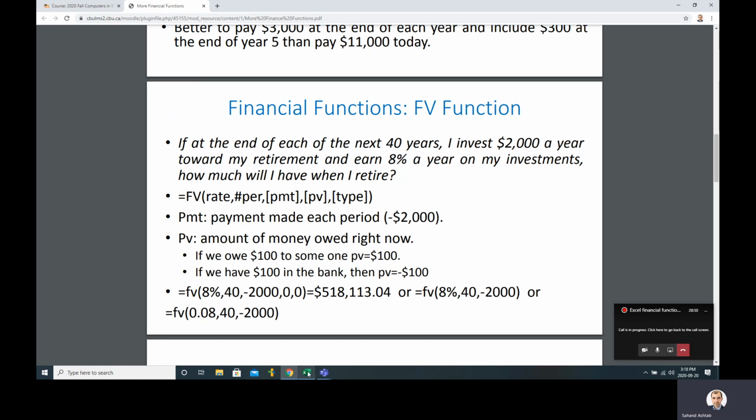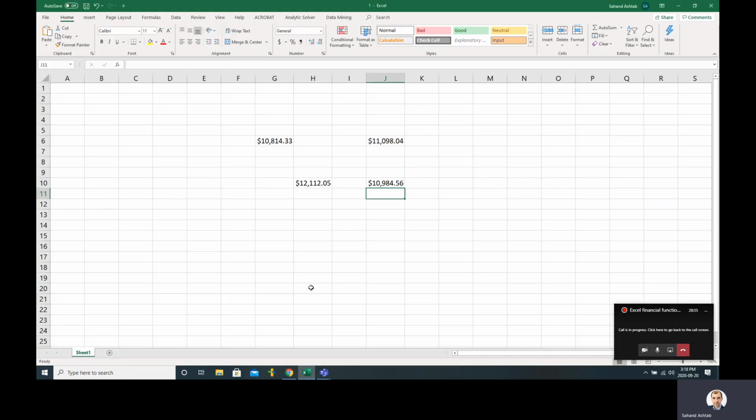So let's take that to Excel. 8% for 40 years, and you're making a $2,000 payment. So equal FV, double left click on it. The rate is 8%, for 40 years. The payment is 2,000.